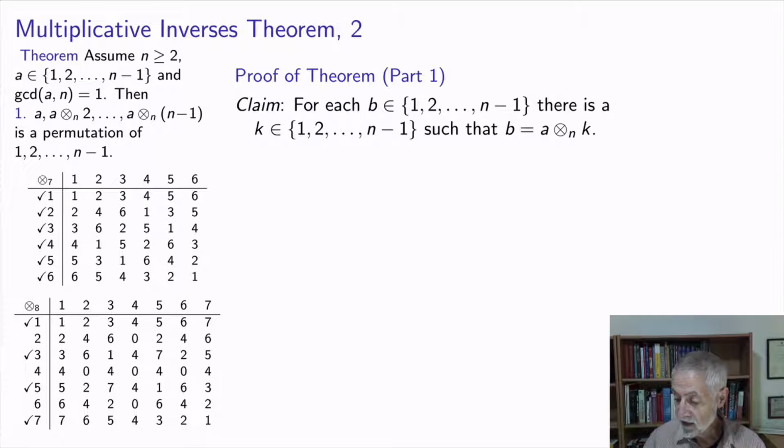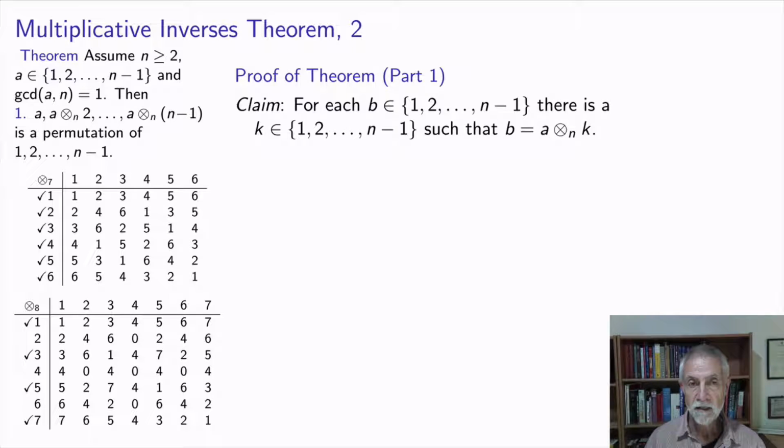And I've checked here the relevant rows, which is every row in the case that n is equal to 7, and the rows 1, 3, 5 and 7, which are the relevant rows in the case of the mod 8 multiplication table. And of course, for all those, as we see, the conclusion of the theorem holds in that these rows are each permutations of this row here in the case of mod 8, and similarly in the case of mod 7.